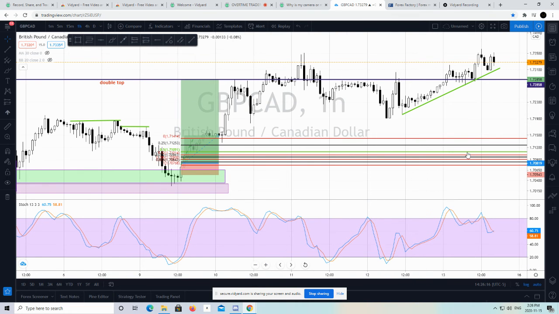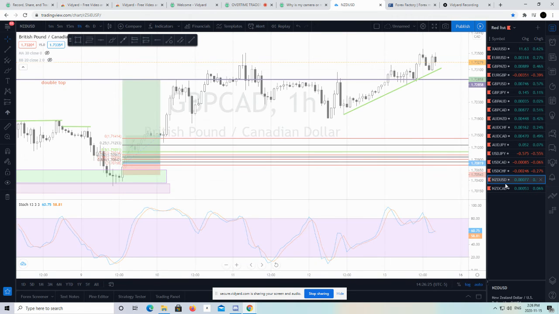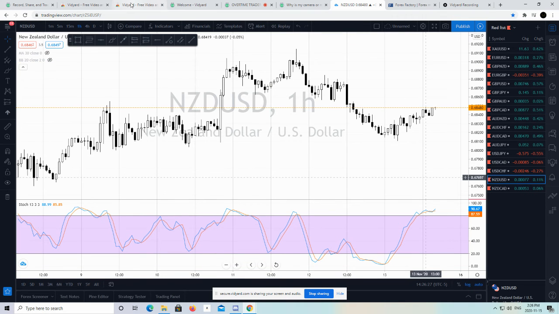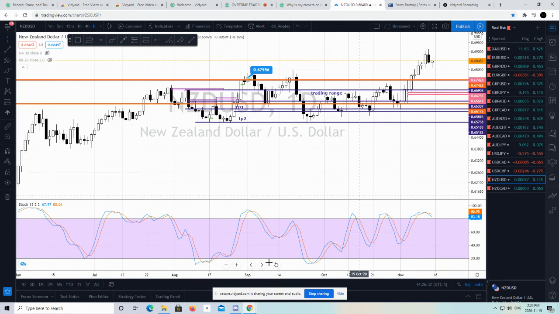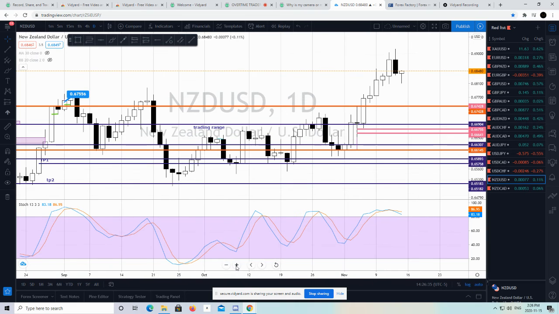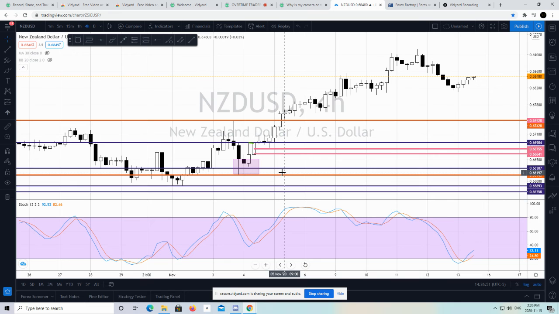These setups. There's also NZDUSD. Again, this may go higher. If we check on our lower time frame, we kept making higher highs, higher lows.